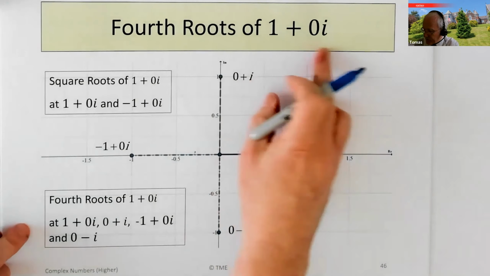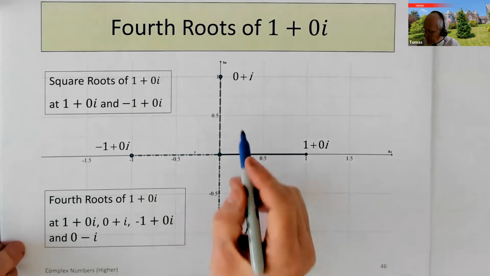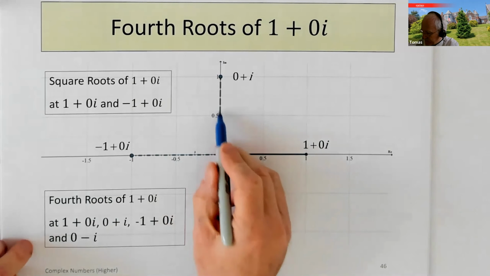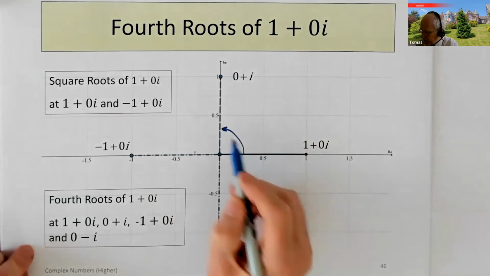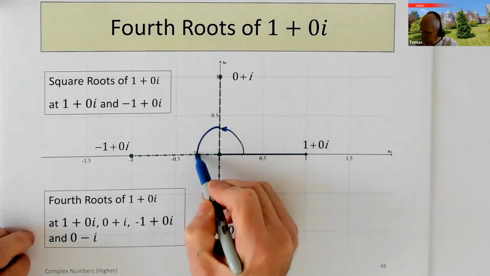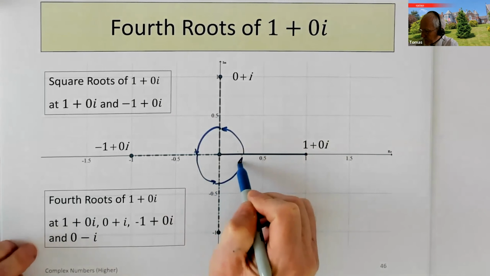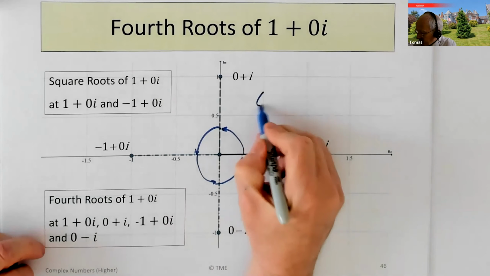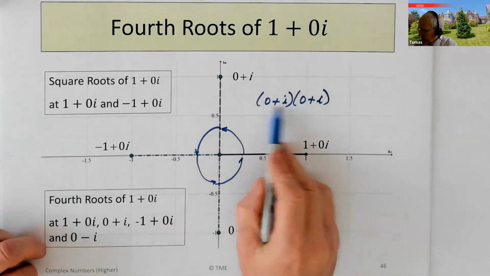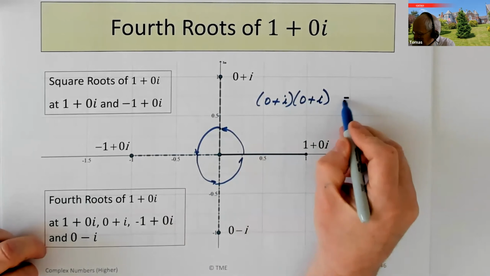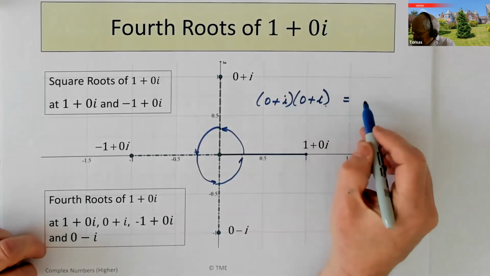What are the 4th roots of 1 plus naught I? Well, here's one of them. So that's the pi over 2. So that one there is a root. So do that 4 times. So 1, 2, 3, 4. And again, naught plus I by naught plus I gives you, I squared would be minus 1.